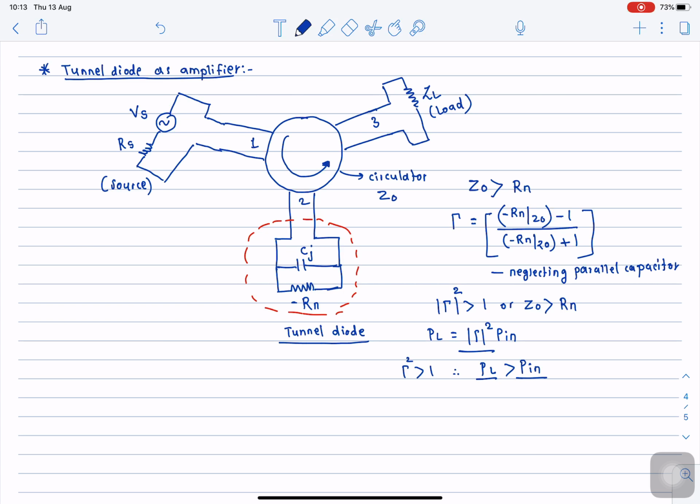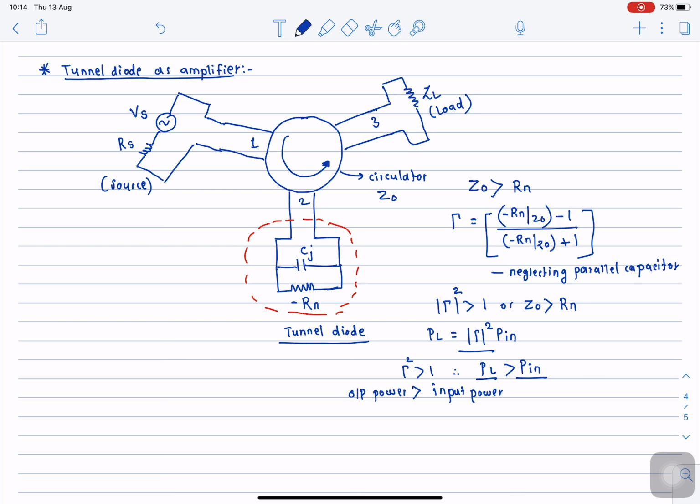So the output power is greater than input power, and thus the signal connected at the input is getting amplified when it gets delivered to the load connected at port number 3, and thus we can make use of this tunnel diode to amplify the particular signal.